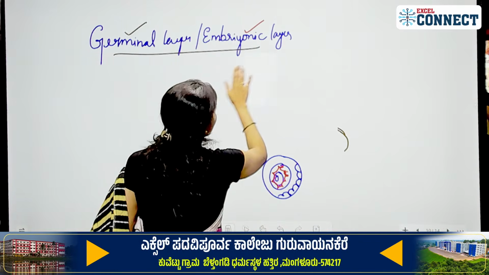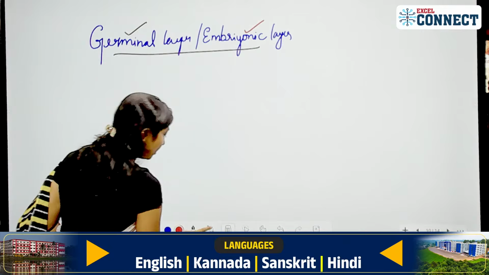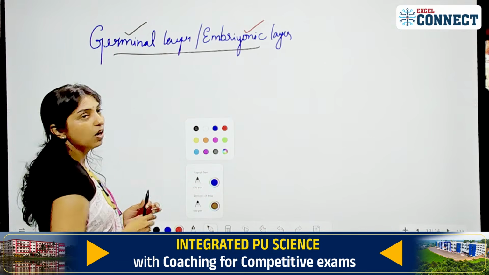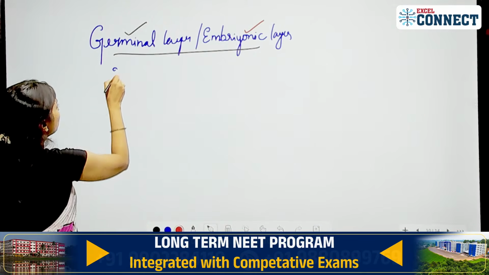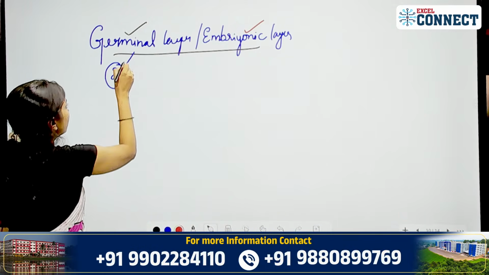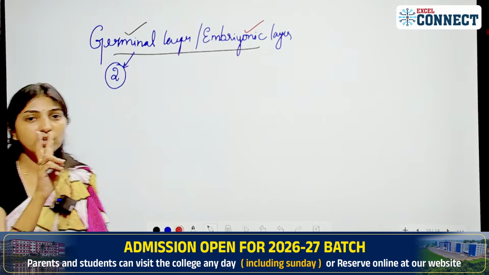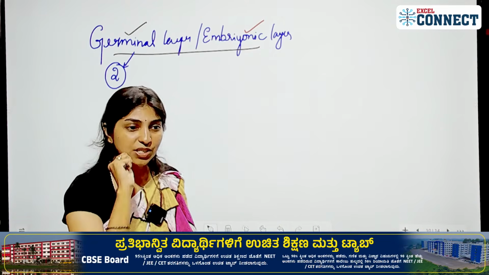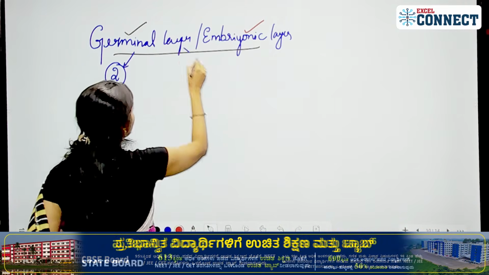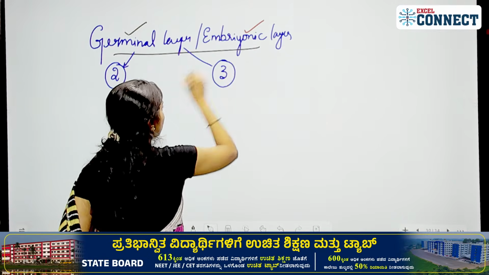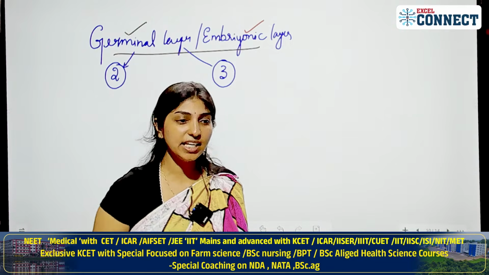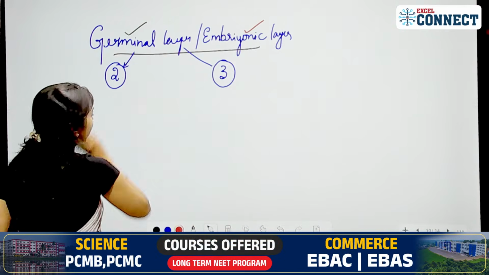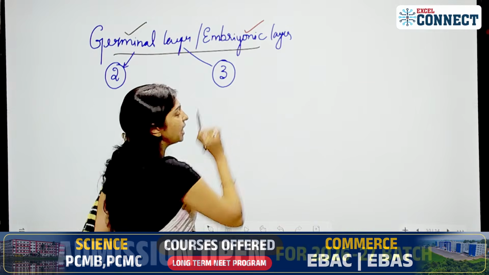Now, during the arrangement of the embryonic layers, some will have 2 germinal layers. Some will have how many? Only 2. And in the higher organisms, the embryo will form 3 layers. Okay, some will have 2 layers and some have 3 layers.